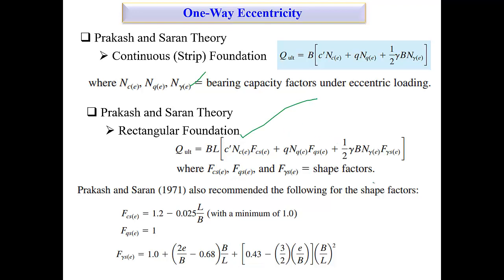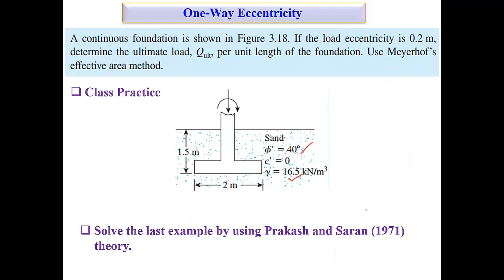So you can also find out the shape factors. For the shape factors and other factors, they already recommended some values, so you can use these formulas to find this.